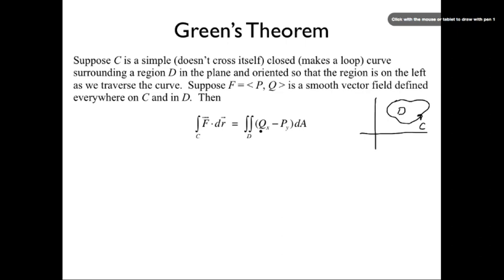Now this should ring some bells. When you say the partial of Q with respect to X and the partial of P with respect to Y, that should be familiar. What does that remind you of from things we've done recently? Checking if it's conservative, right? And if it's conservative, these are equal. So what function are we integrating? 0.